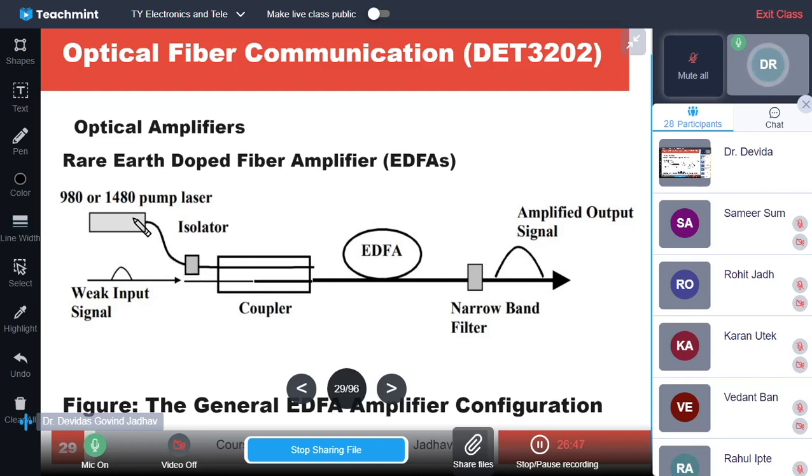So the pump will remain intact, and it will not receive any disturbing signal. The isolator will only forward the pump output to the coupler. So the coupler has the pump signal as well as the weak input signal which should be amplified.